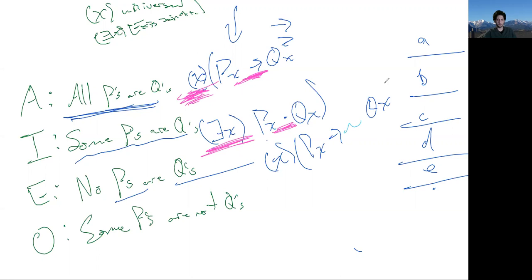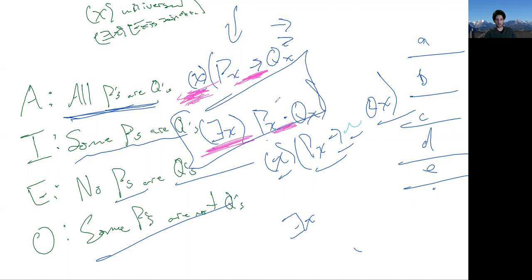Right? No dogs are cats. So for everything out there, if you're a dog, then you are not a cat. And on the other hand, it's going to work the same for the O statements. We're going to take the I statement and just throw a tilde on it.